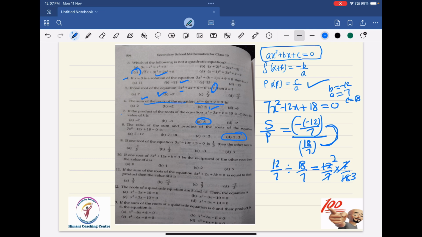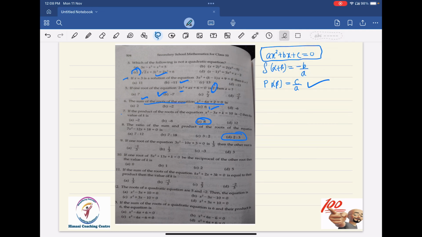Therefore, deliberately, I am showing you this step. This can be done in the mind if you are good at it. Otherwise, there is no harm. Just write one more step and be sure rather than making a mistake. So this is how we do this question.